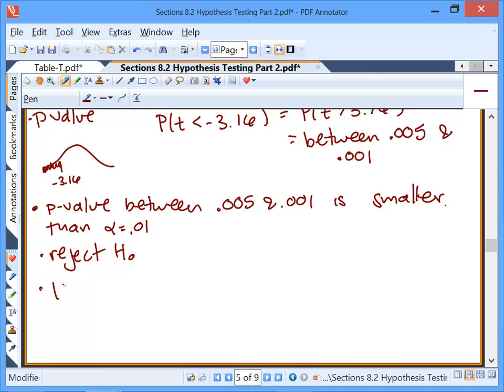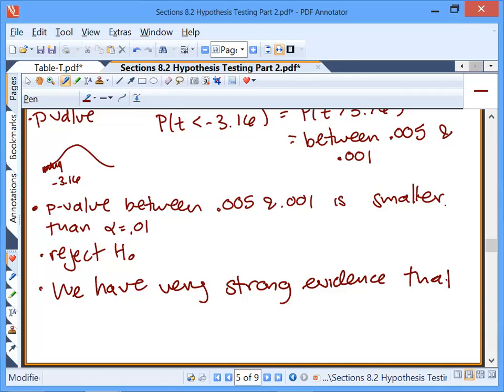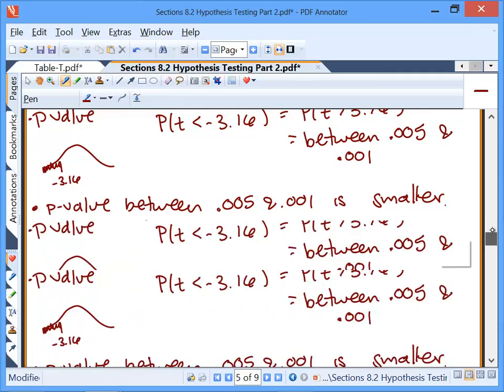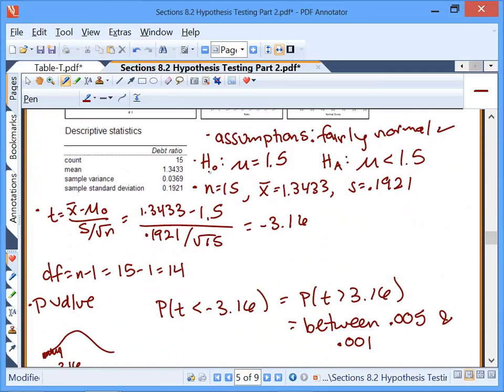And we can say something like, we have very strong evidence that the mean debt to equity ratio of all accounts, to change it to your population, is less than 1.5.